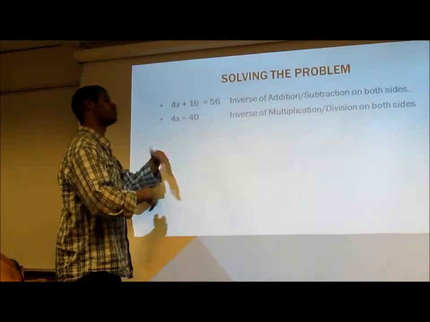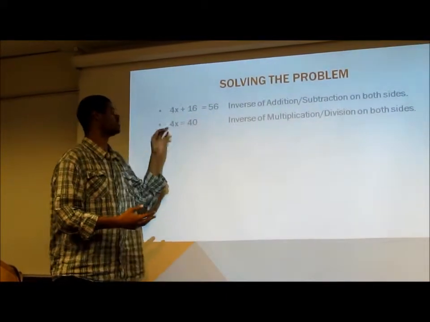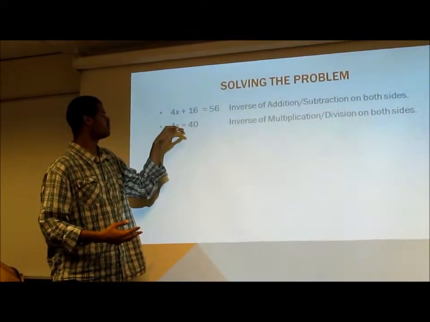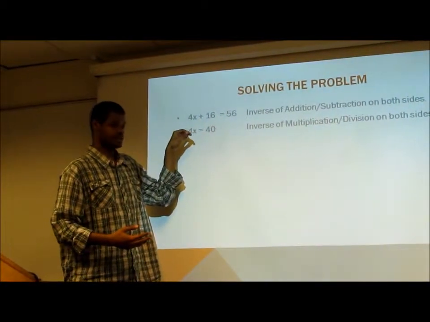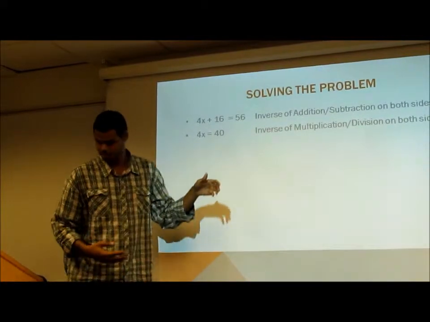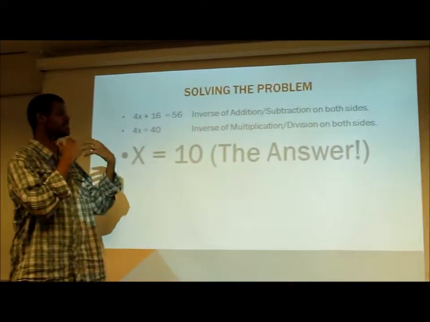So we would have to do the inverse of multiplication, which is division. So you would divide 4 on both sides. By dividing 4 on both sides, you get x by itself on this side of the equal sign. So you then get what x equals. And the answer to this is x equals 10.